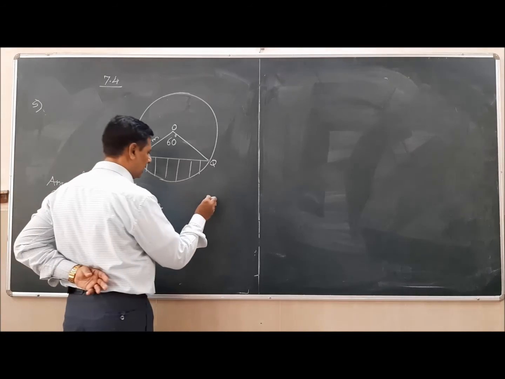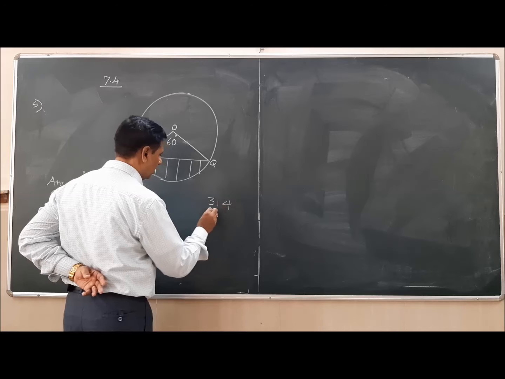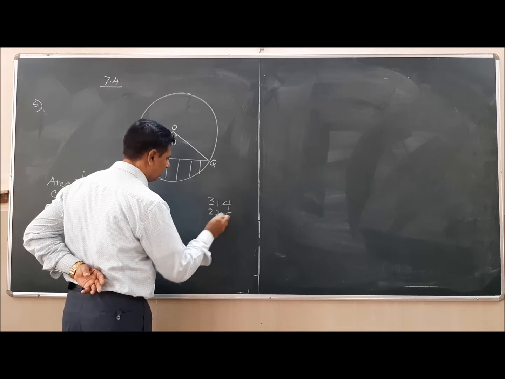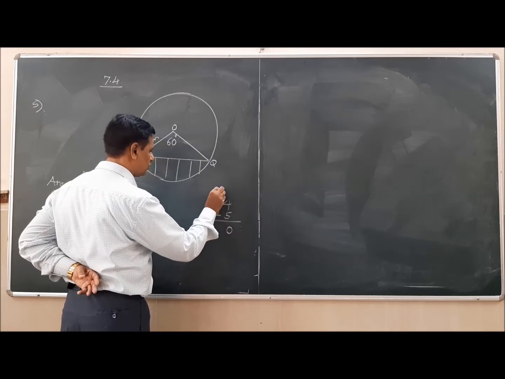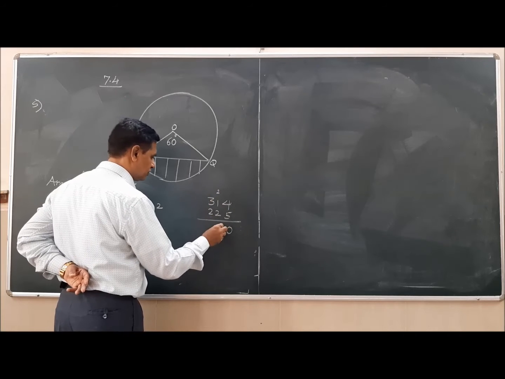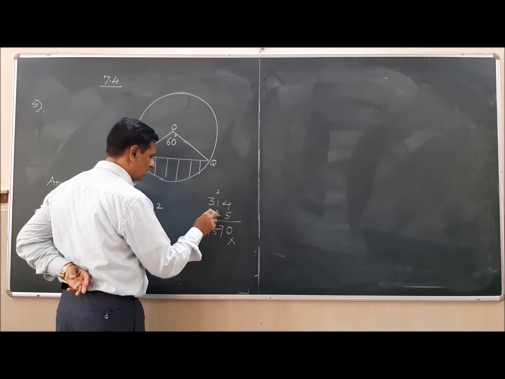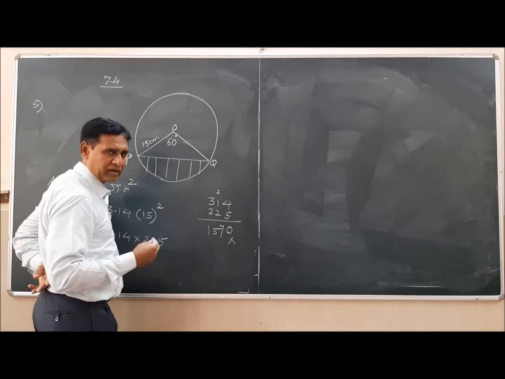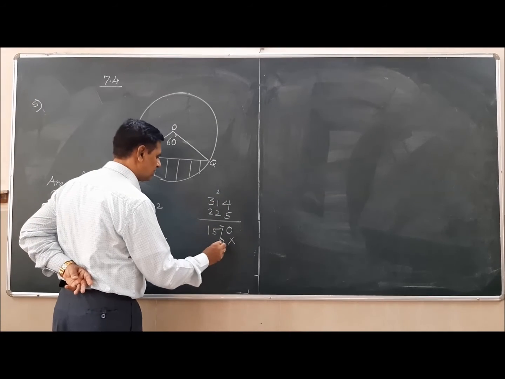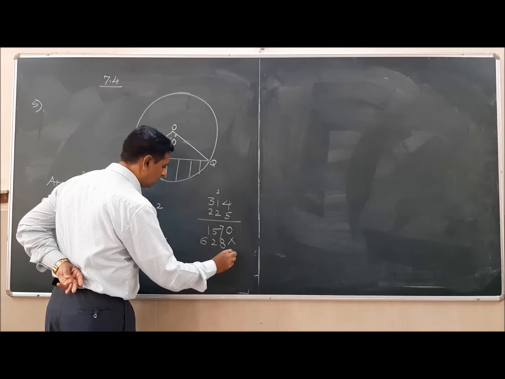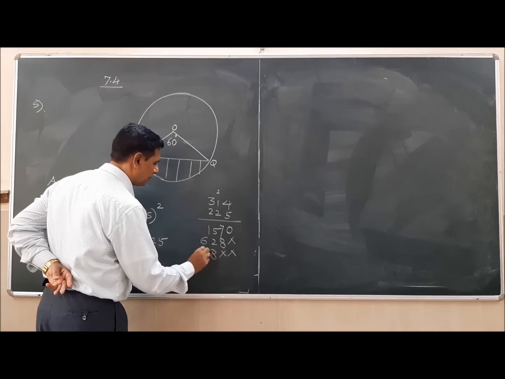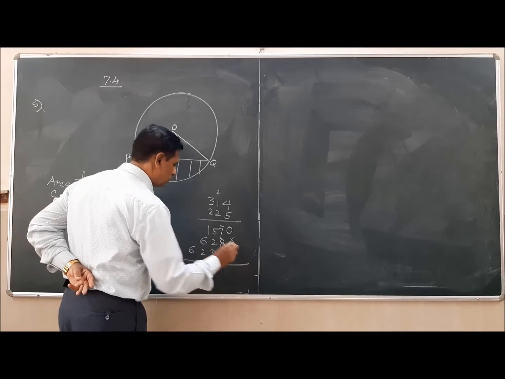So I am going to multiply 314 by 225. 5 ones are 5 plus 2 is 7. 5 threes are 15. If I multiply 314 by 2, naturally I will get 628.